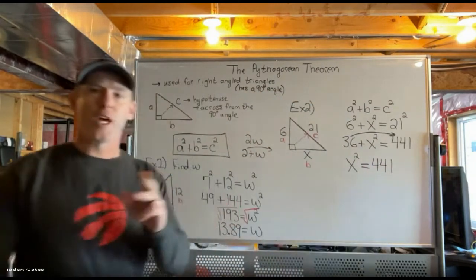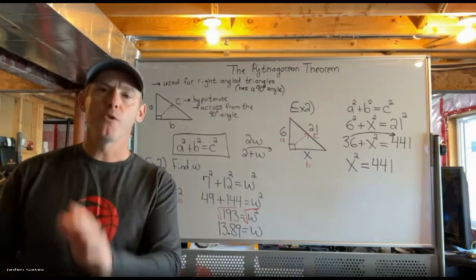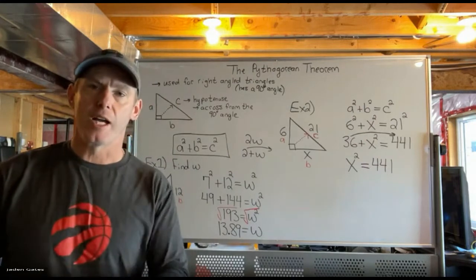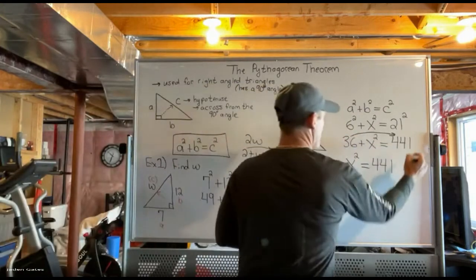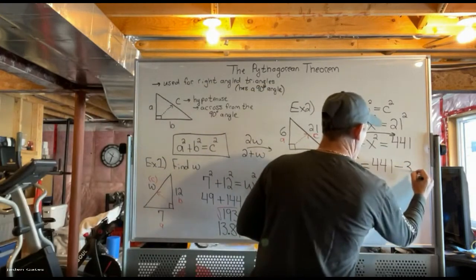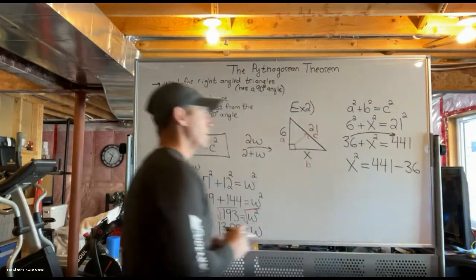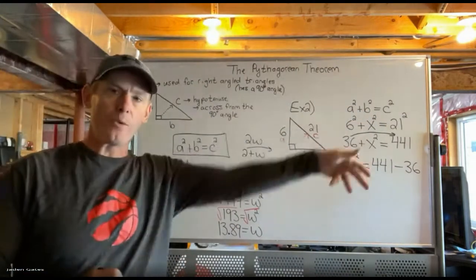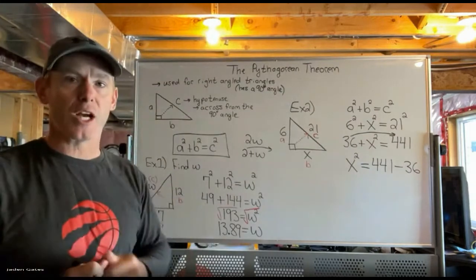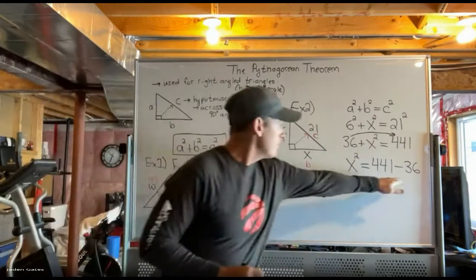But now I'm moving that 36 over. And when something moves sides, it changes signs. Changes sides, changes sign. So that 36 comes over, it's going to be a minus 36. Because when it goes over the equal sign, if it changes sides, it changes sign.